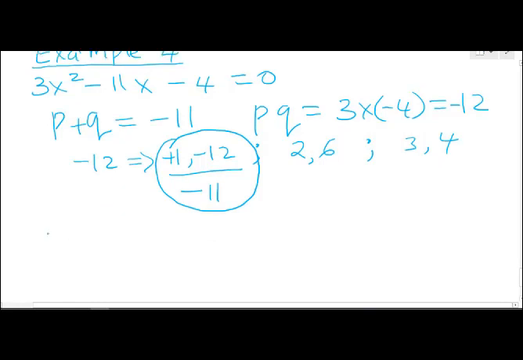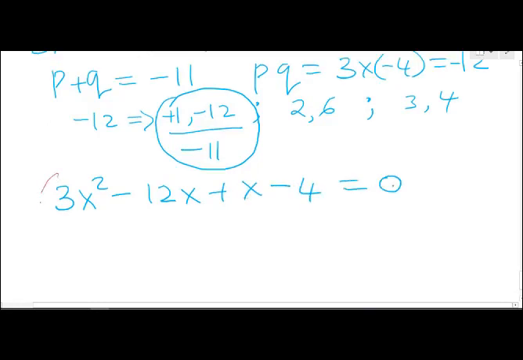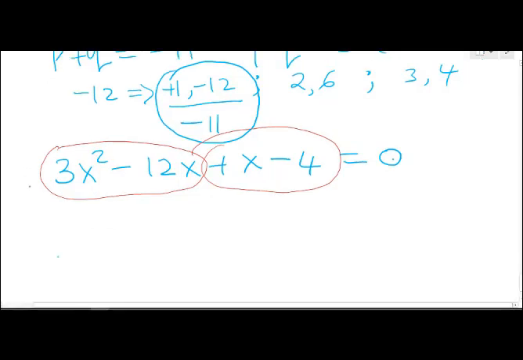Now we rewrite the equation using the p and q, and we're going to get that 3x squared minus 12x plus x minus 4 is equal to 0. On grouping the four values, we have 3x squared and 12x grouped together, plus x and minus 4 grouped together. In each of the groups, we factor out the common term.